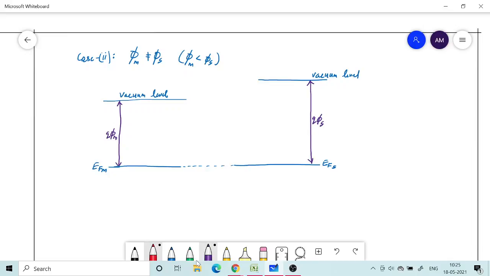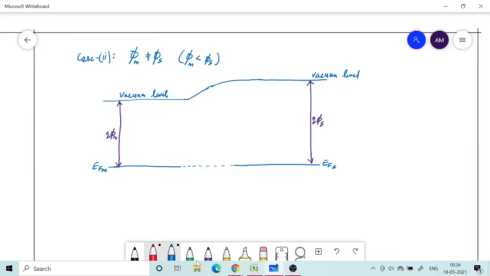It is partly dropped across the insulator and partly dropped across the side of the semiconductor which is nearer to the insulator or the oxide. So if I may draw this more properly, here there is going to be a bending. You can see that the vacuum level is bending, and then after that there is a smooth bending.